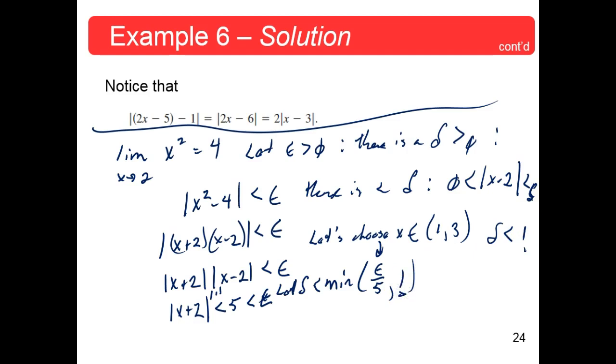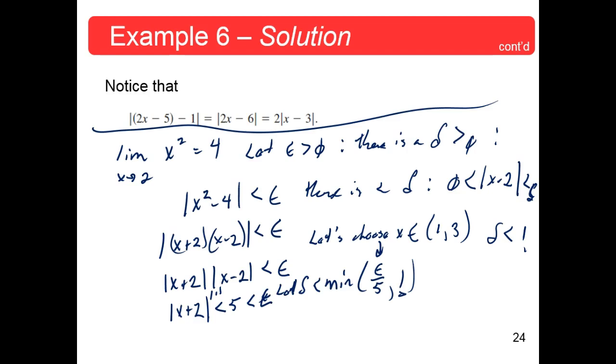Choose an x there and just pick some value. To satisfy this equation, you're interested in the values x close to 2, so you choose x in the interval 1 to 3. To satisfy that restriction, let delta be less than 1. Well, that's fairly reasonable. And then from the rest of it, if you're in that interval, then everything else has to be less than 5.